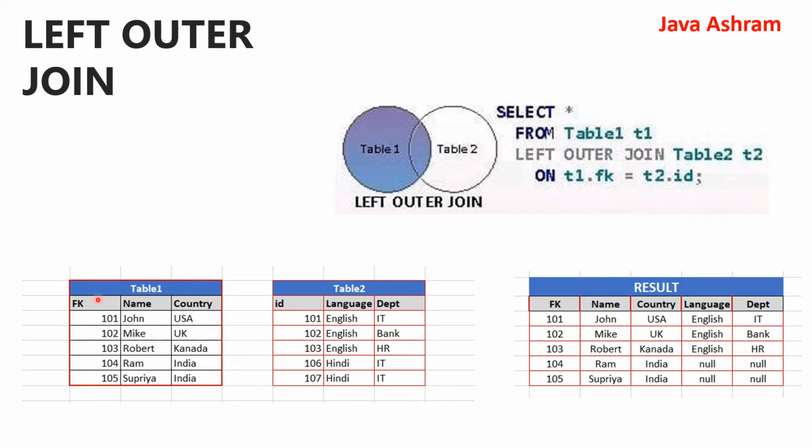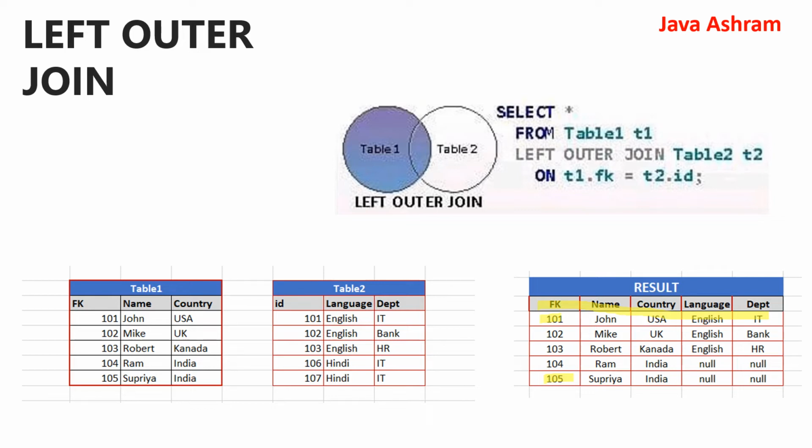If you are joining these two tables, obviously all columns of table 1 and table 2 will be retrieved, but data will be there for 101 till 105.